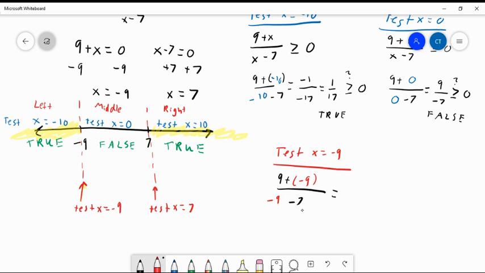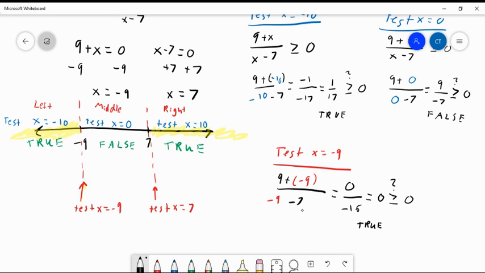9 plus negative 9 is 0, divided by negative 9 minus 7, which is negative 16. 0 divided by negative 16 is 0. Question, is 0 greater than or equal to 0? Well, yes, 0 does equal 0. This statement is true.